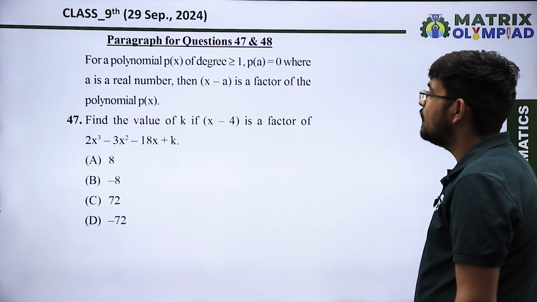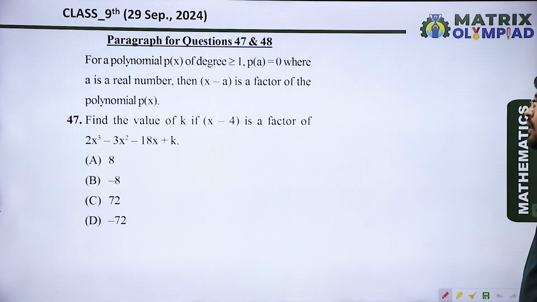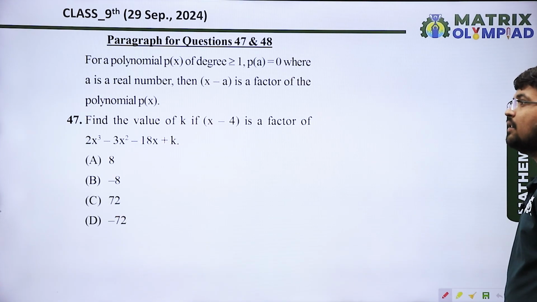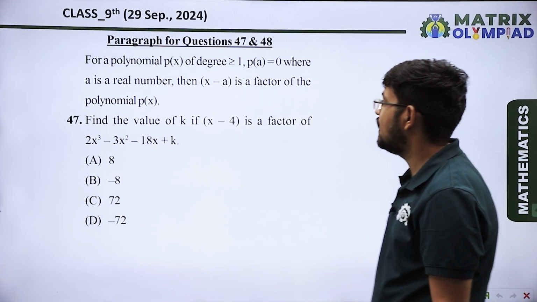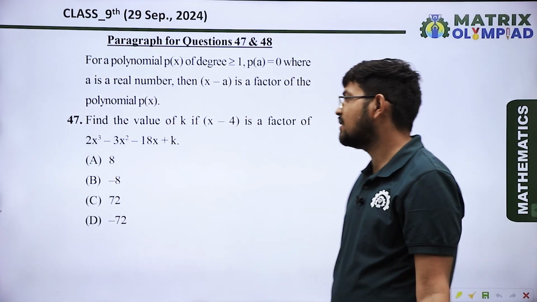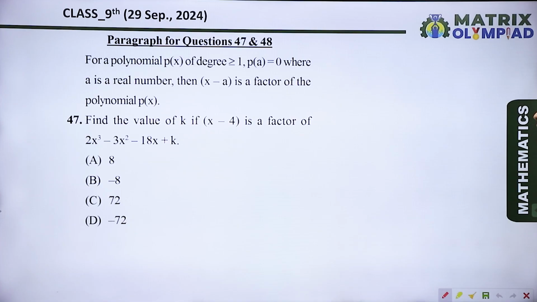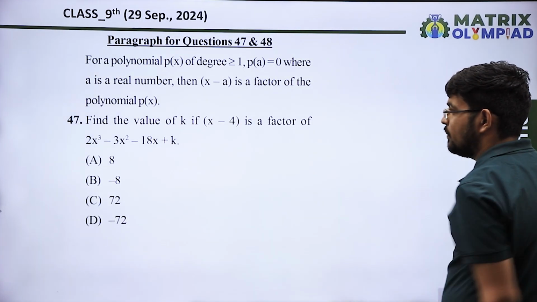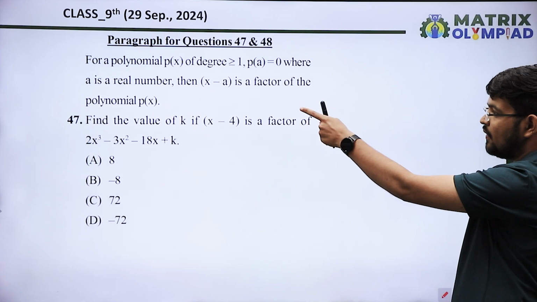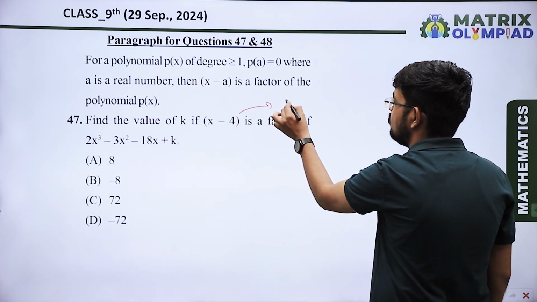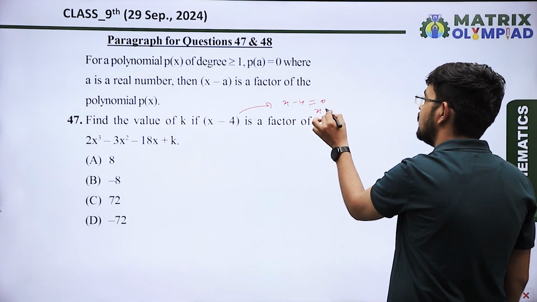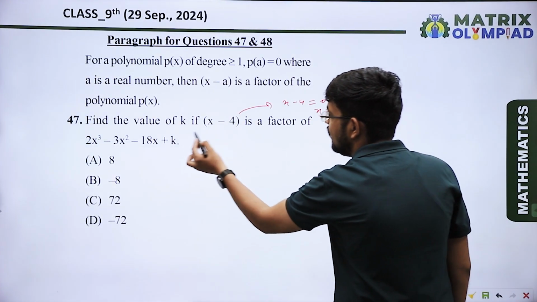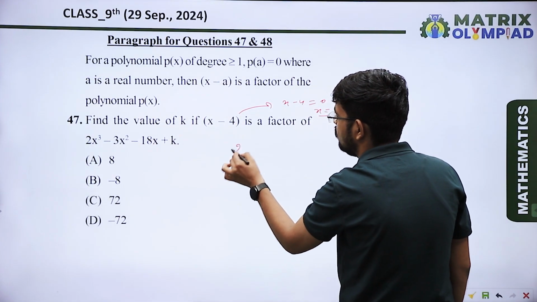For a polynomial p(x) of degree greater than or equal to 1, if p(a) equal to 0, where a is a real number, then x minus a is a factor of the polynomial. Yes, it is the factor theorem. So find the value of k if x minus 4 is a factor of the polynomial. If this is a factor, then when we put it equal to 0, x minus 4 equal to 0, then the value of x equals 4 and the remainder will be 0. So put x equal to 4 here and set it equal to 0.